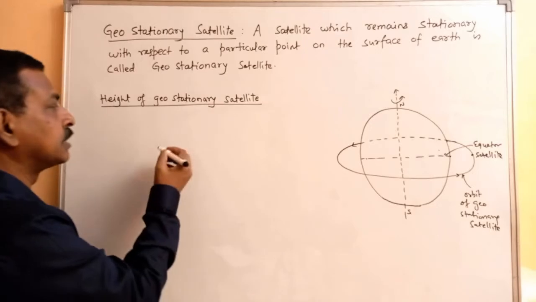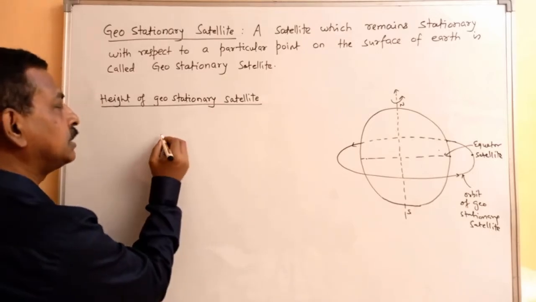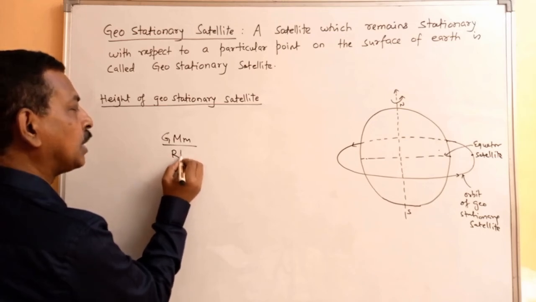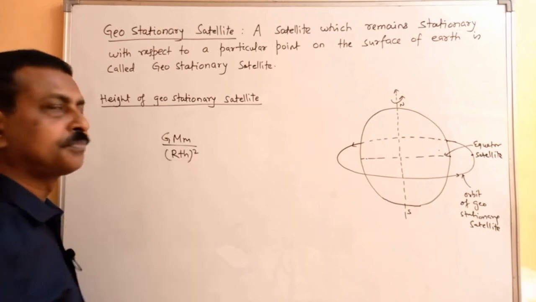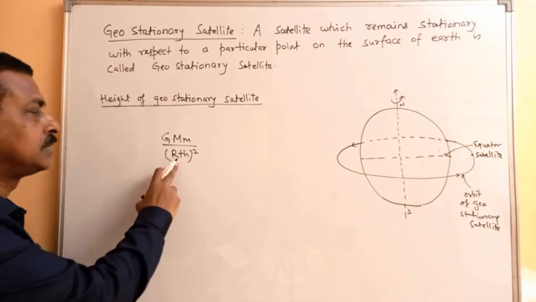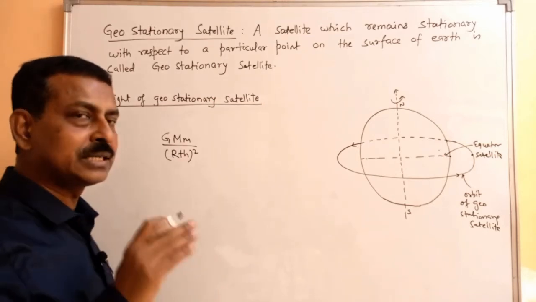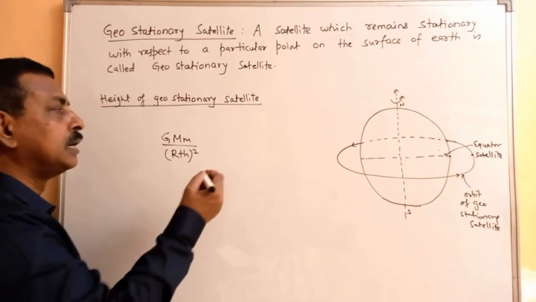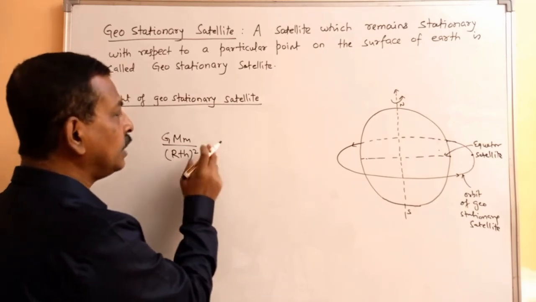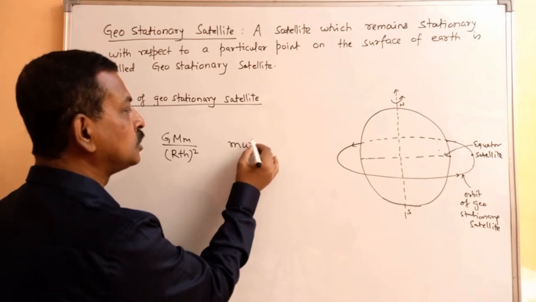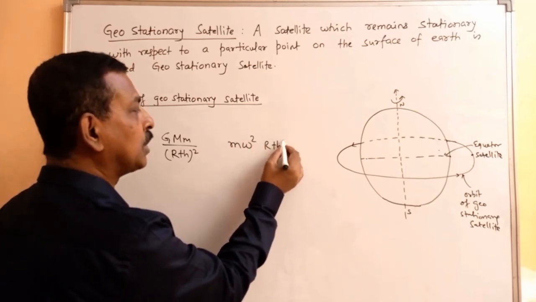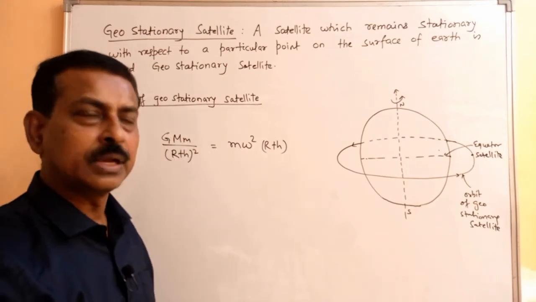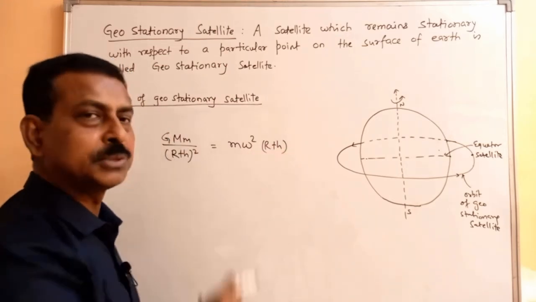The gravitational force of attraction is GMm by (r plus h) whole square, because r is the radius of the Earth and h is the height above the surface of Earth where the satellite is located. This is equal to the centripetal force, m omega square (r plus h). These two should be equal: gravitational force of attraction and centripetal force.